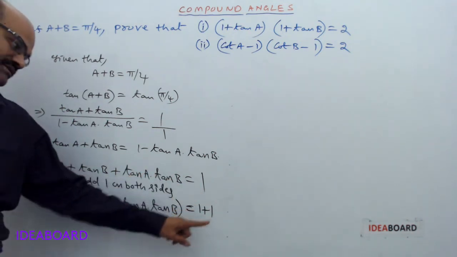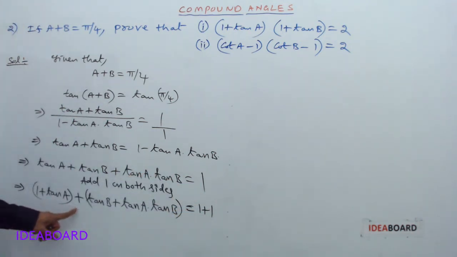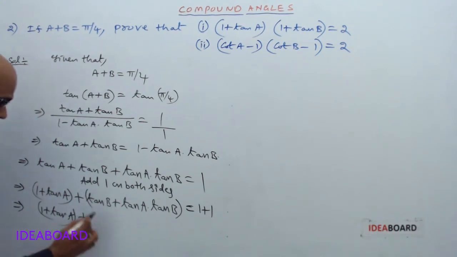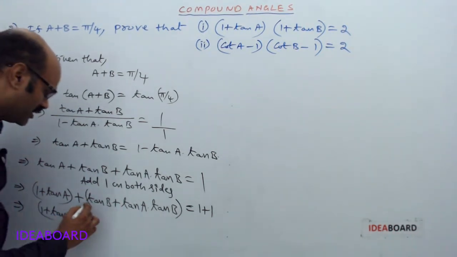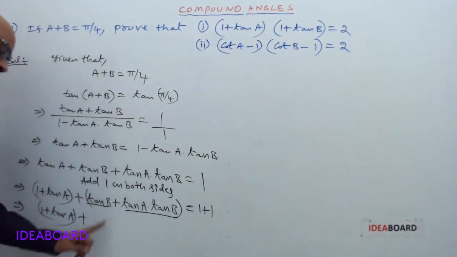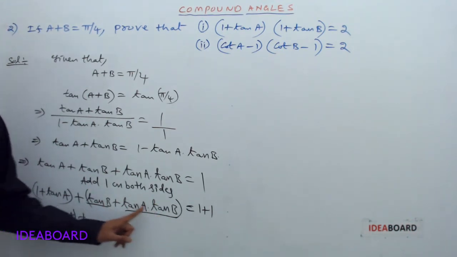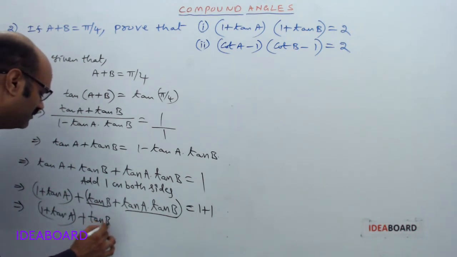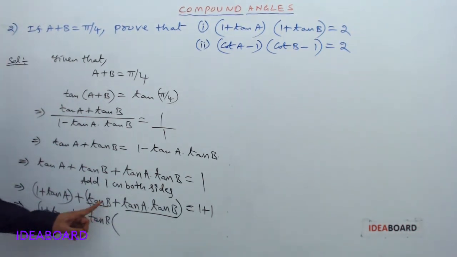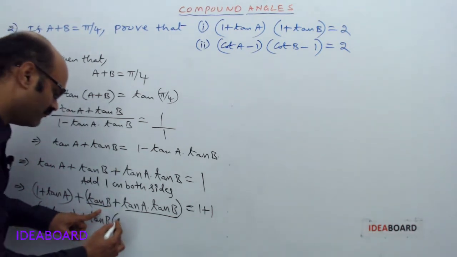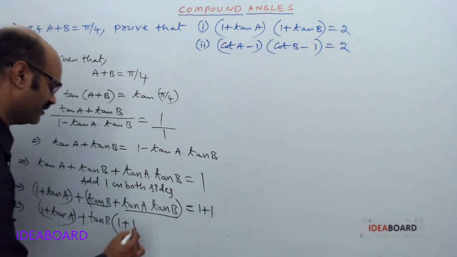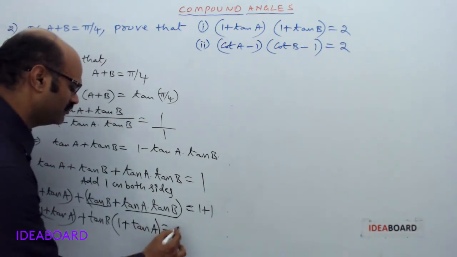Add 1 on both sides. Therefore now 1 plus tan a, it implies 1 plus tan a plus, in these two terms tan b is common here. So take tan b common. Tan b into 1 plus tan a equal to 2.